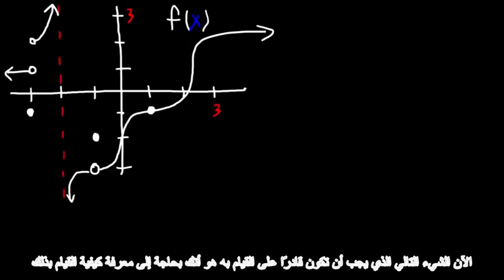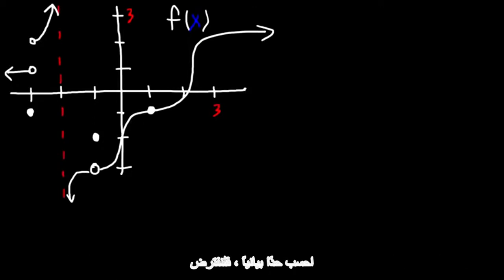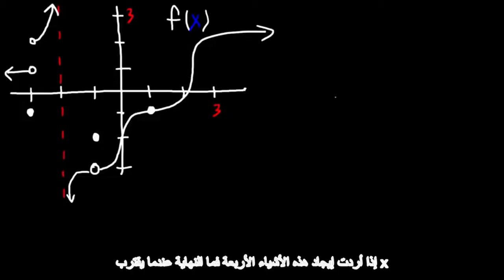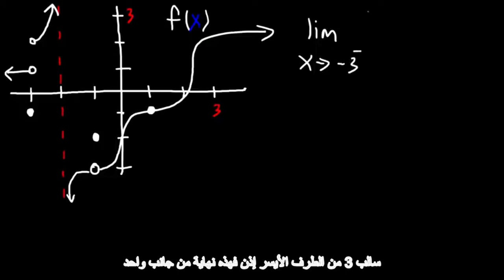Now the next thing that you need to be able to do is you need to know how to evaluate a limit graphically. So let's say if you want to find these four things. What is the limit as x approaches negative 3 from the left side? So that's a one-sided limit.